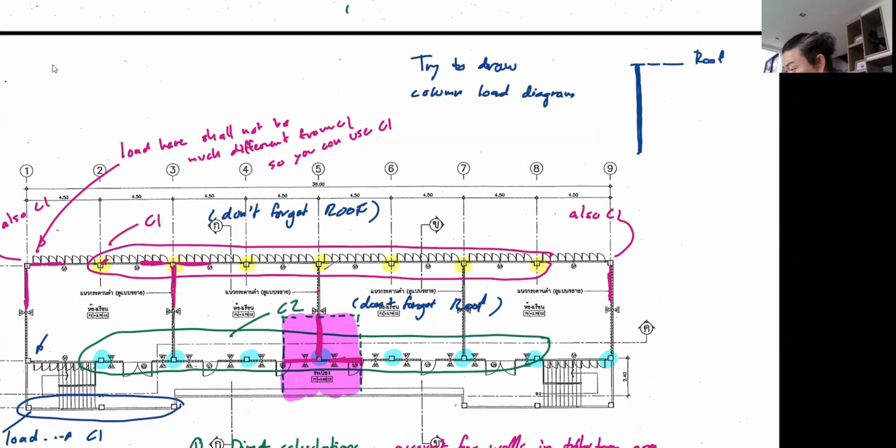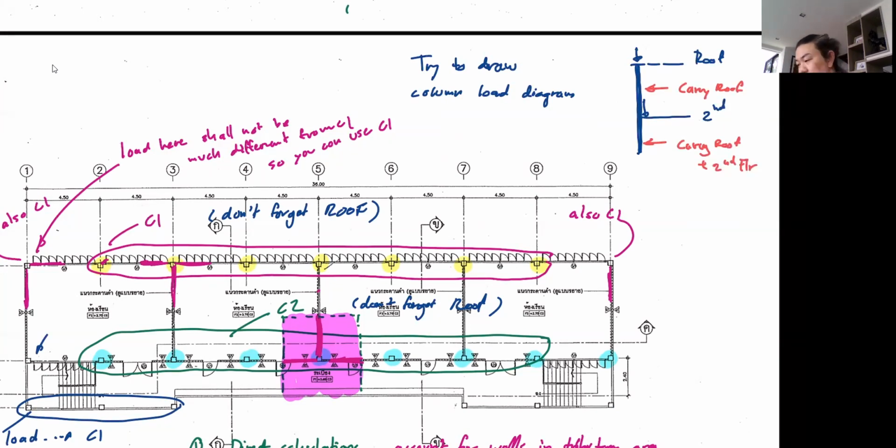And then you know that there's a load coming in from the roof, right? And then you have the second floor here. So then there will be a load coming in from the second floor. So this part of the column carries the roof, right? And this part carries roof plus second floor.